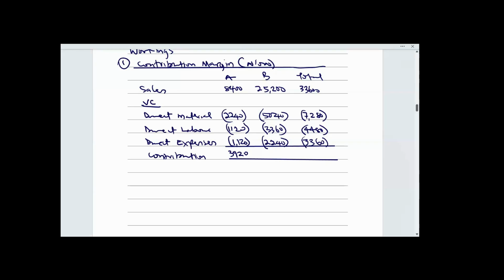Then for B, 25,200 minus 5,040 minus 5,600. Okay, 14,560.